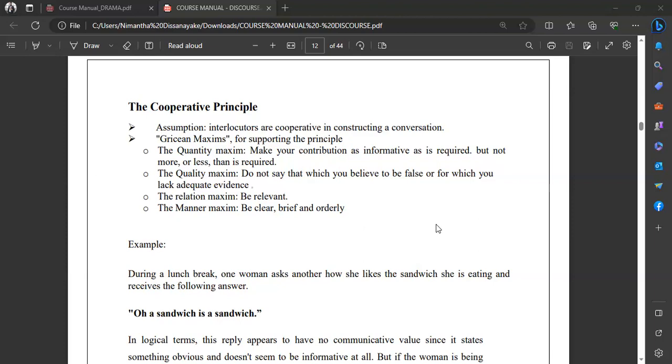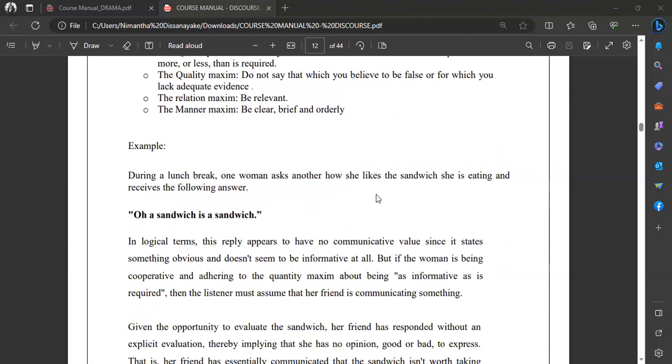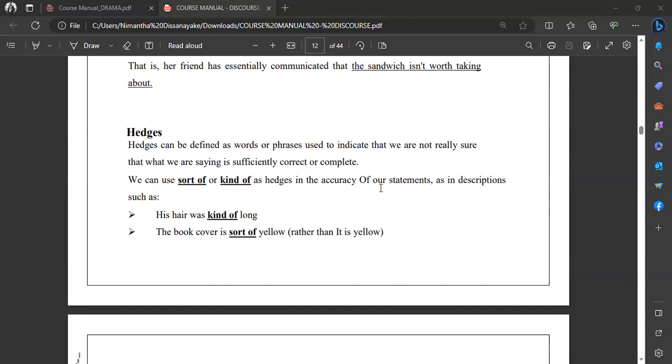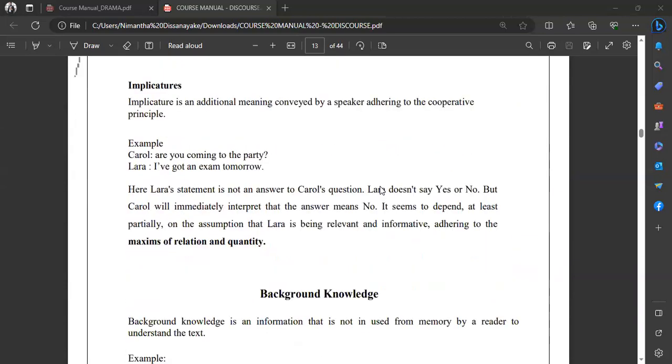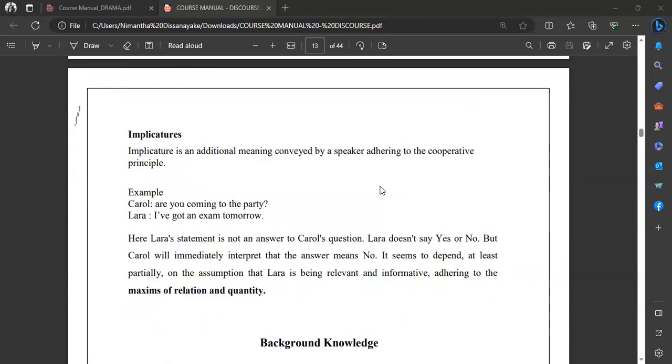Then implicators. Implicators means an additional meaning conveyed by a speaker adhering to the cooperative principles. Now, you need to understand the cooperative principles in order to identify these implicators also, right?